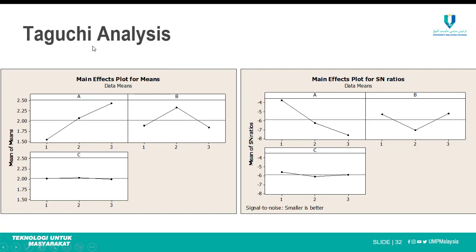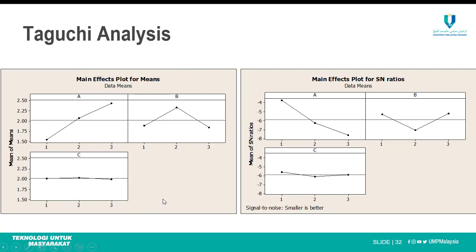Based on the analysis of the Taguchi design, this is the main effect plot for mean and the main effect plot for signal to noise ratio. This is only for the Taguchi design. If we utilize a different approach, we may not get the SN ratio main effect plot, but for other approaches we will also get the main effect plot for the means.